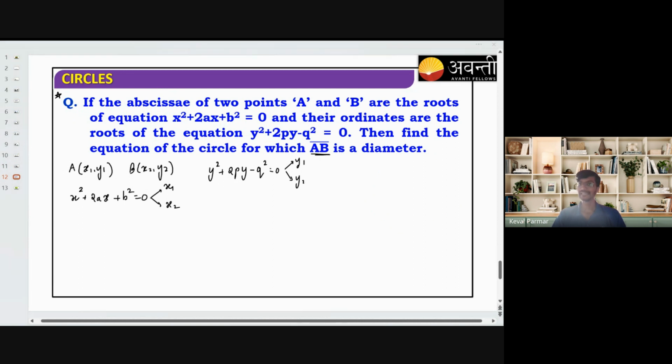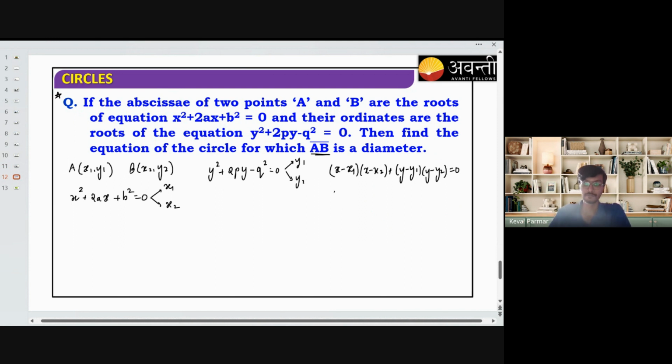So we know that the equation of circle is (x minus x1) into (x minus x2) plus (y minus y1) into (y minus y2) equals 0. Let me write this equation in a nice form.